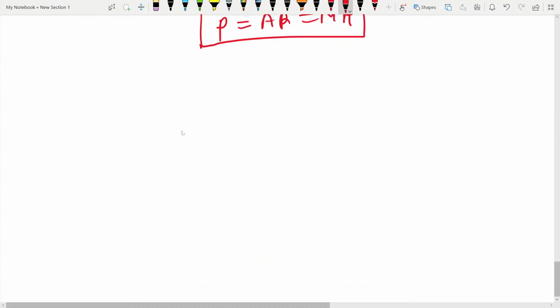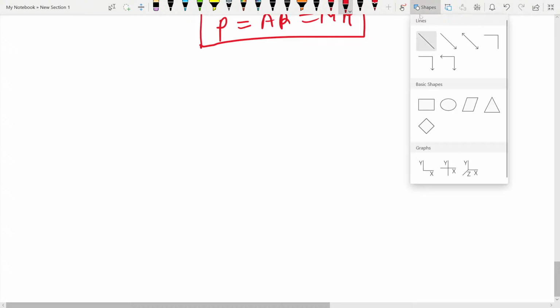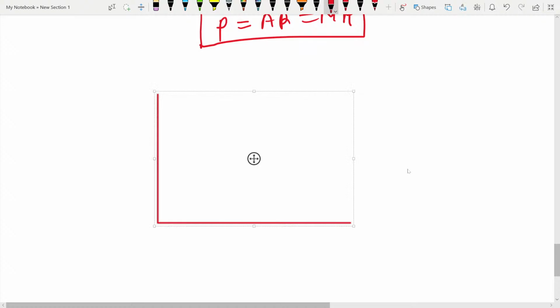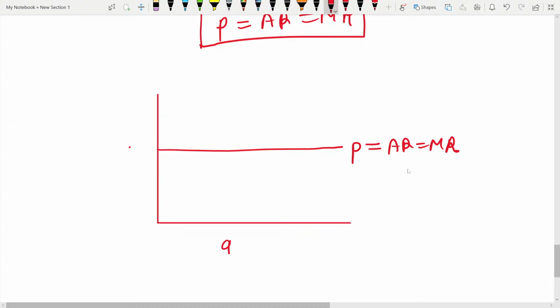Now, taking a diagram, draw a line that is horizontal to the x-axis. Here we can represent P is equal to AR is equal to MR, with good X and good Y on the axes. This line shows the constant price.